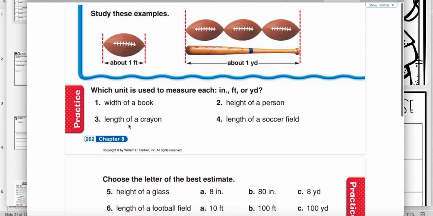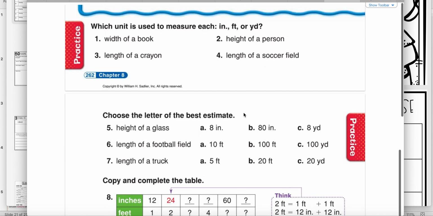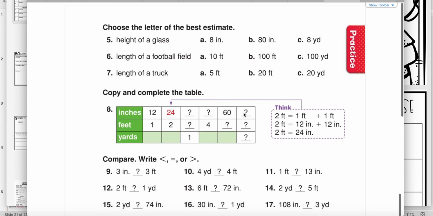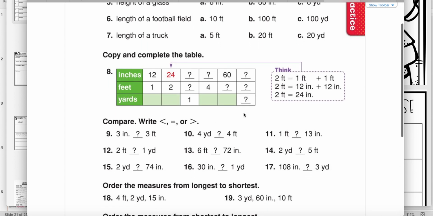What about the height of a person? We would use feet. And what about the length of a soccer field? What would we use? Yards. Yep, you're right.